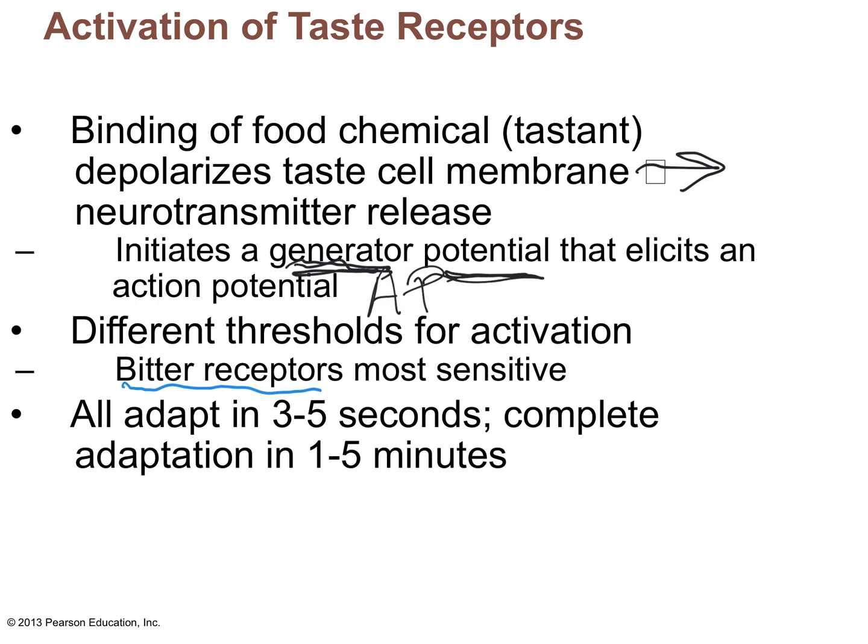And bitter receptors, because poisons are bitter, are really sensitive. So that means that they fire really easily. So they have a low threshold for activation. Whereas things like sweet smells or sweet tastes have a much higher threshold because sweet is not necessary for our survival. We enjoy it, but that doesn't mean life or death.